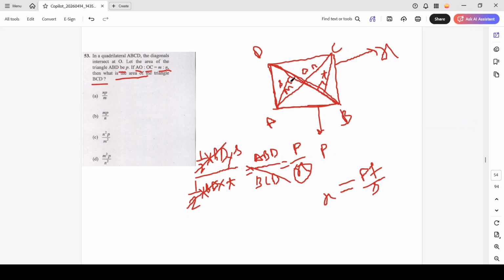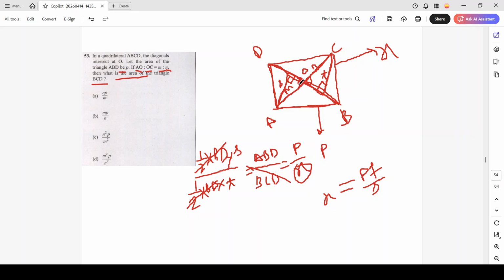If we see this small right angle triangle and this other triangle, these are vertically opposite angles, and this is 90 degrees. That means two angles of these triangles are equal, so these triangles are similar in nature.